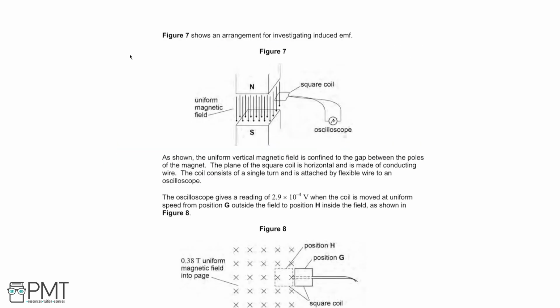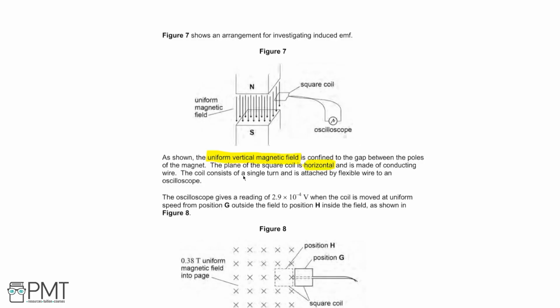The next part of the question says, Figure 7 shows an arrangement for investigating induced EMF. As shown, the uniform vertical magnetic field is confined to the gap between the poles of the magnet. The plane of the square coil is horizontal and is made of conducting wire.